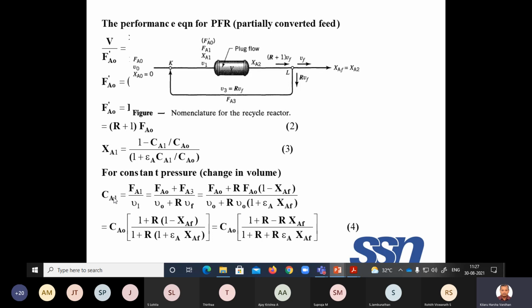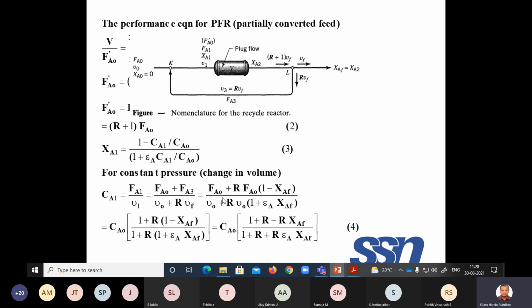Because CA is CA naught into 1 minus XA, or FA is FA naught into 1 minus XA, where XA is whatever the final conversion is. This is the difficult thing to remember, how you are writing. Then V0 plus R times VF is nothing but V0 into 1 plus epsilon A XA. We know that volume change V is V0 into 1 plus epsilon A XA, right?